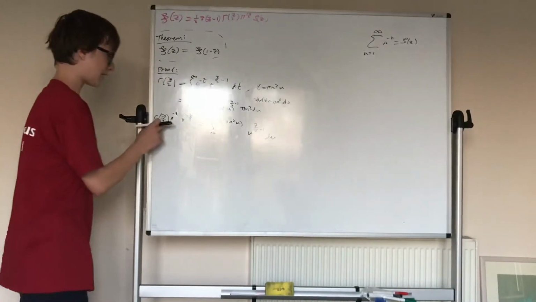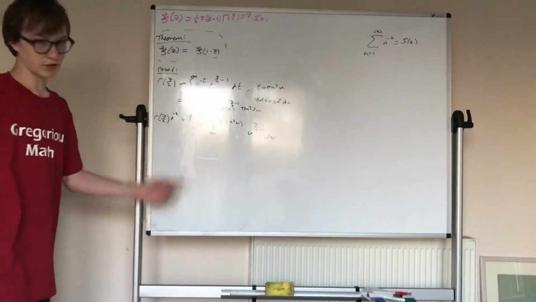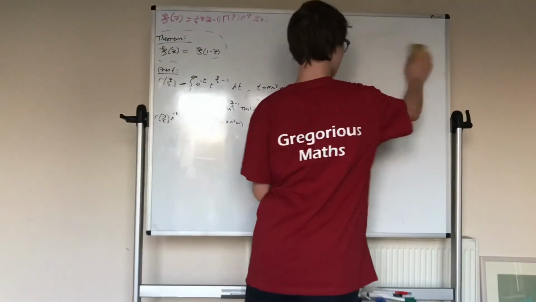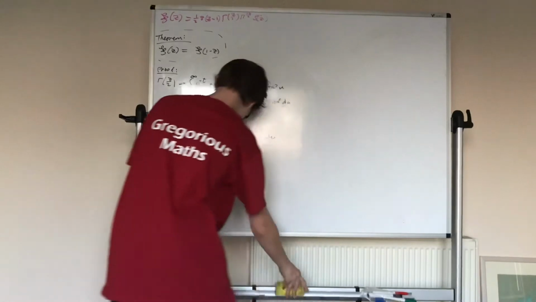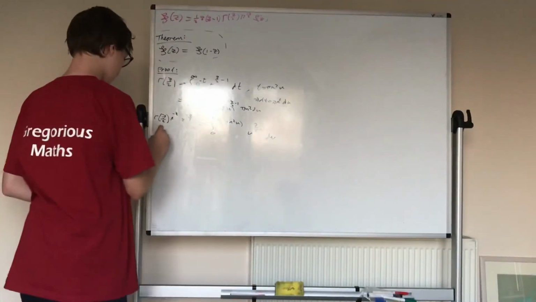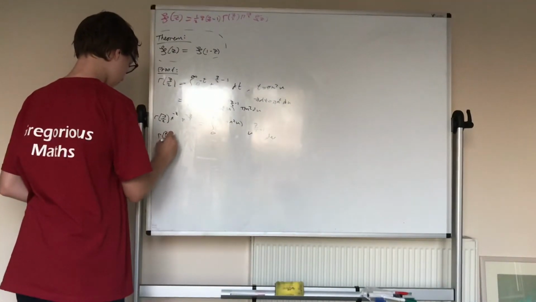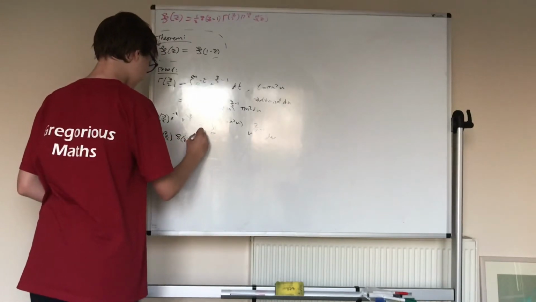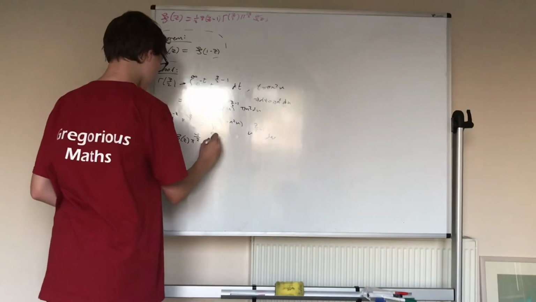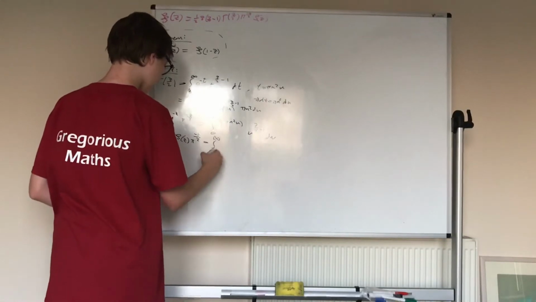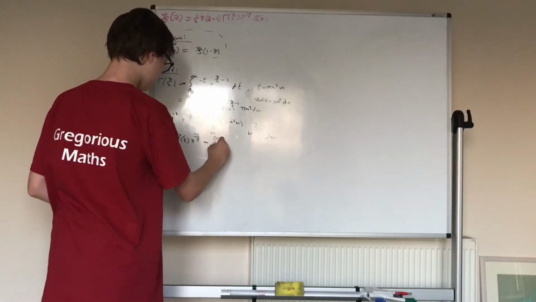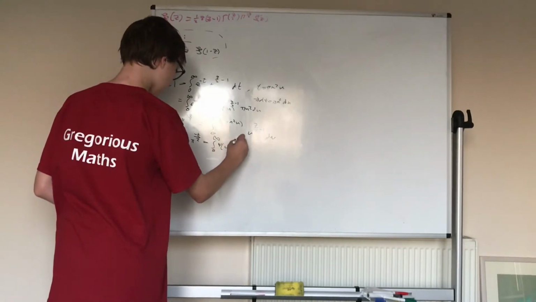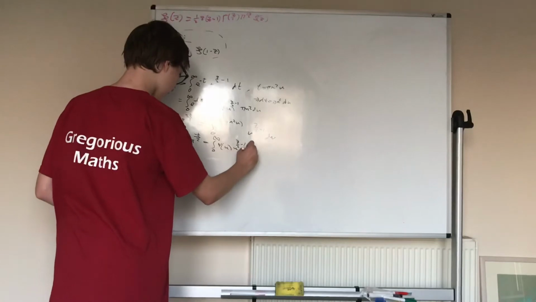Because we don't have n here or here, we could just bring those outside the sum. So actually, we're left with gamma of z over 2, zeta of z, pi to the negative z over 2 equals the integral between 0 and infinity of psi of u times u to the z over 2 minus 1 du.